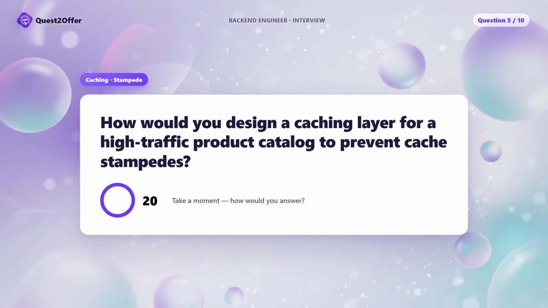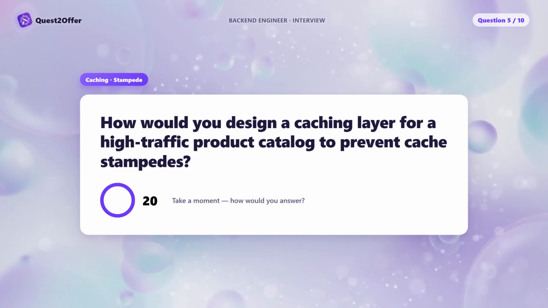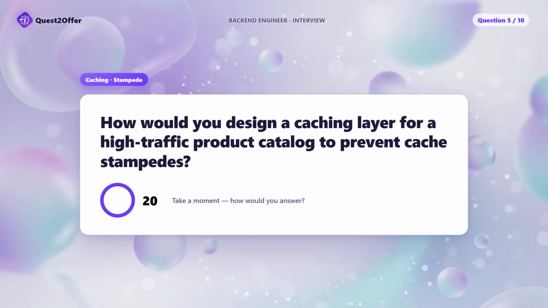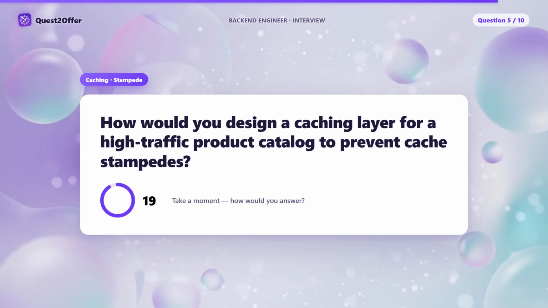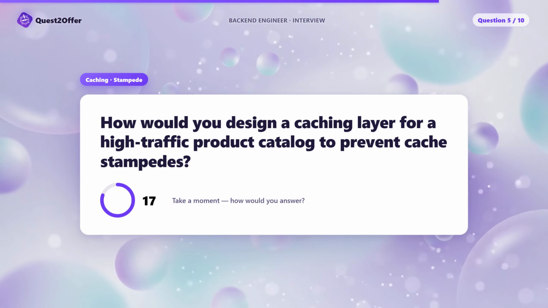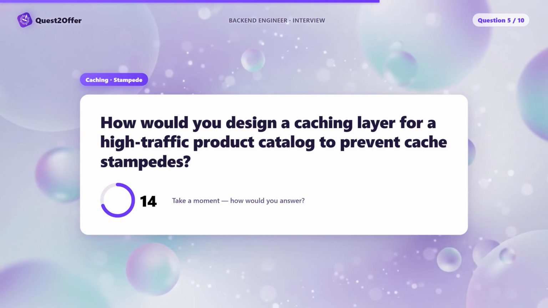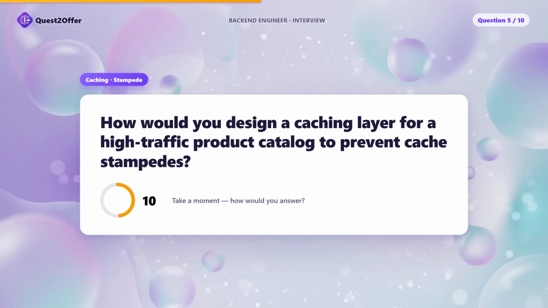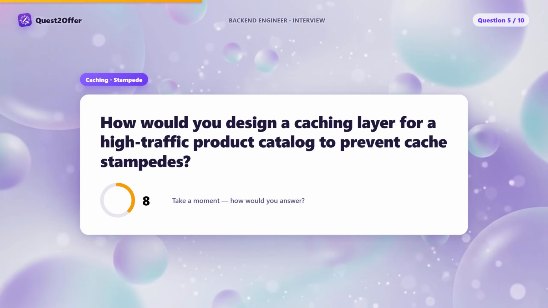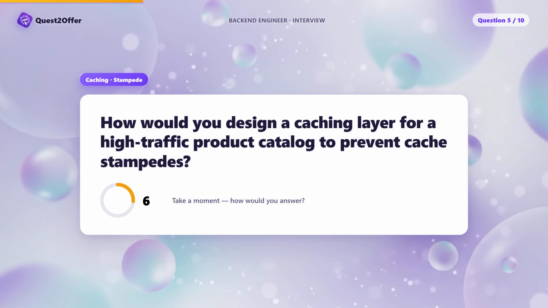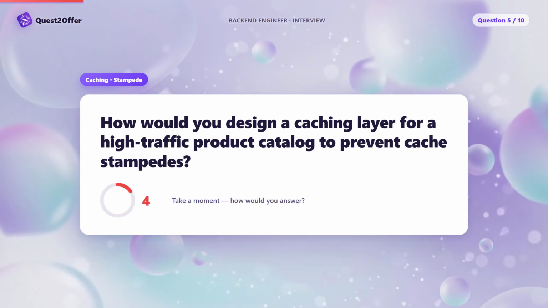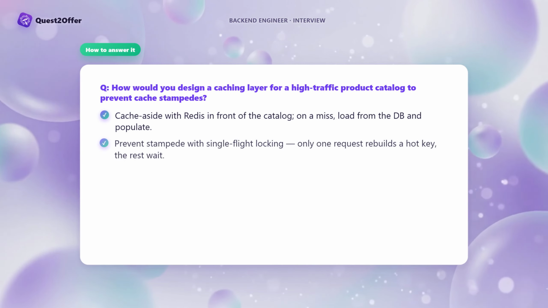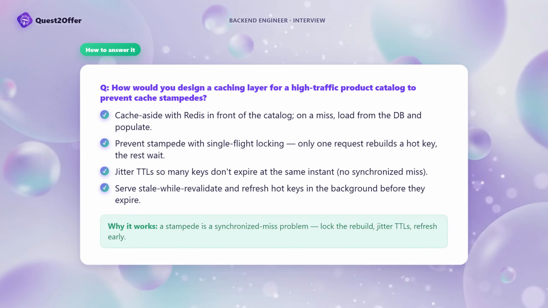Question 5. How would you design a caching layer for a high-traffic product catalog to prevent cache stampedes? Put cache aside, Redis in front of the catalog.